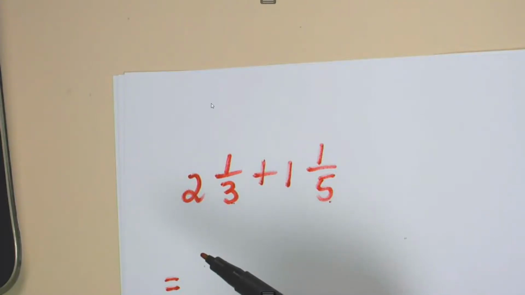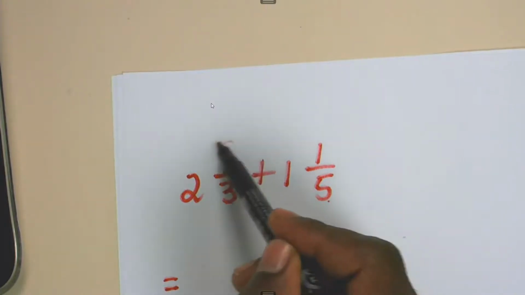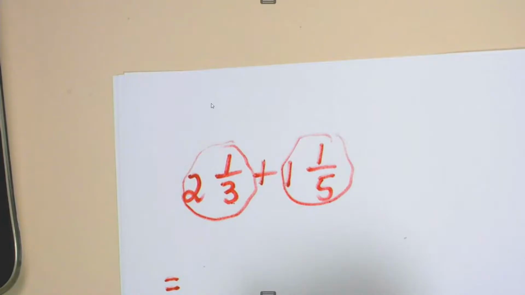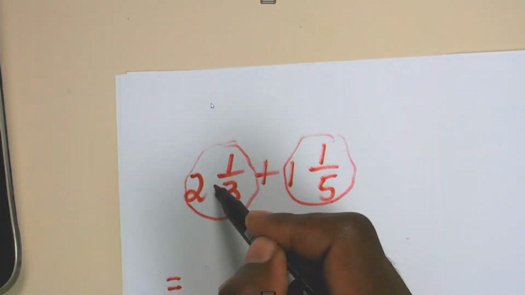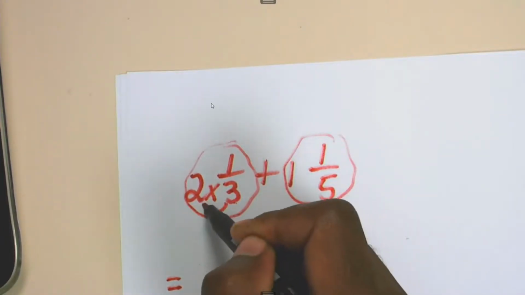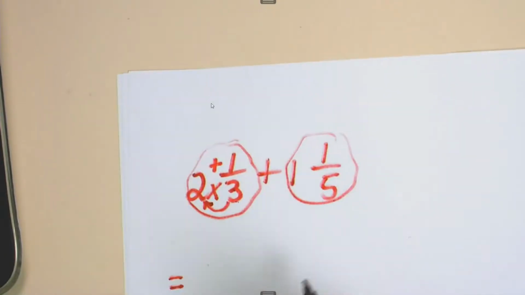So when we are confronted with mixed numbers, our first objective is to change these mixed numbers into improper fractions. How do we do that? We take the denominator and multiply by the whole number, then we add the numerator.